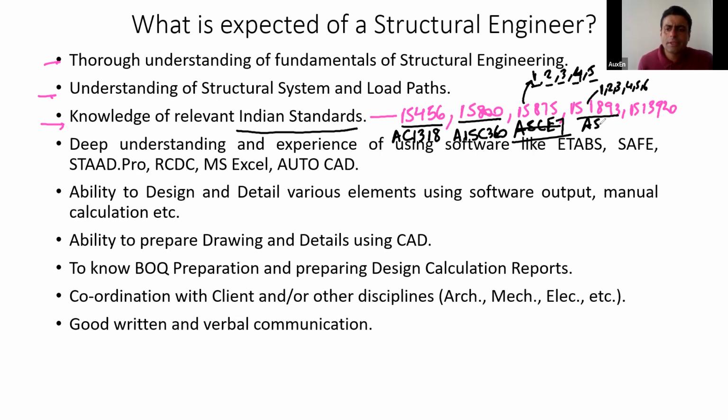In the American context, it is ASCE 7 that deals with the earthquake loads as well. And IS 13920 is for the ductile design and detailing of RCC. In the American context, it is ACI 318 that deals with ductile design and detailing also. So you should be aware of at least these basic codes as a practicing engineer.